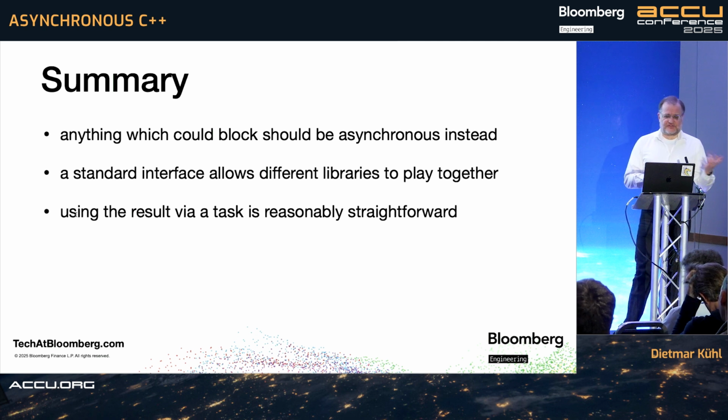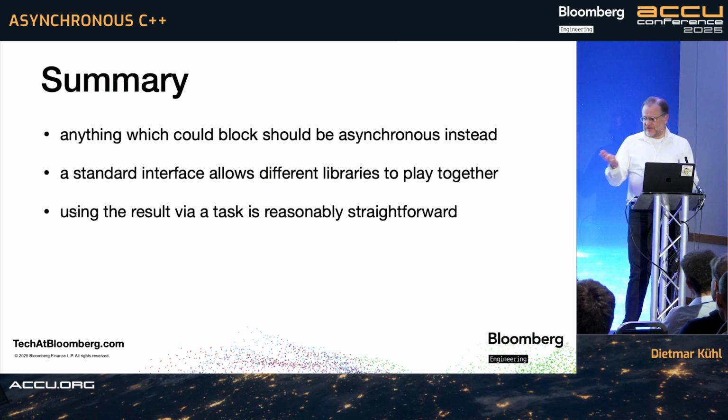I think the standard interface allows different libraries to play together. This is one reason why it needs to be standardized: to say, this is the interface we all want. It is generic enough that it does work. Existing libraries can actually be adapted. Let's say you have an existing async interface.